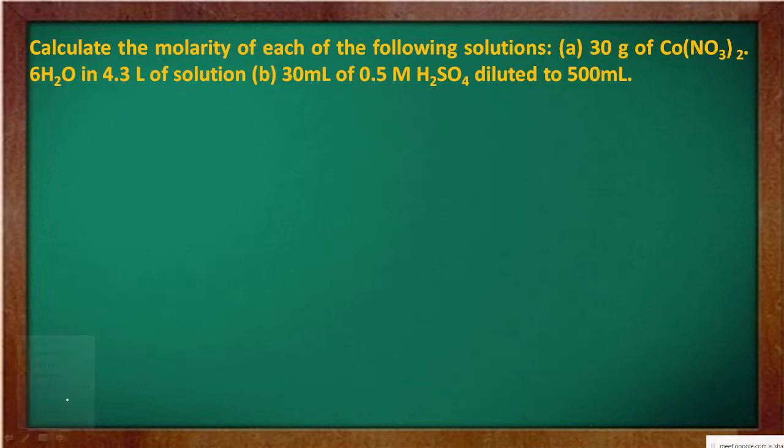The next one here: it is said that 30 ml of 0.5 molar H2SO4 is diluted to 500 ml. Then again here you have to calculate the molarity. For calculating this type of molarity, we have one formula, that is M1V1 is equal to M2V2.